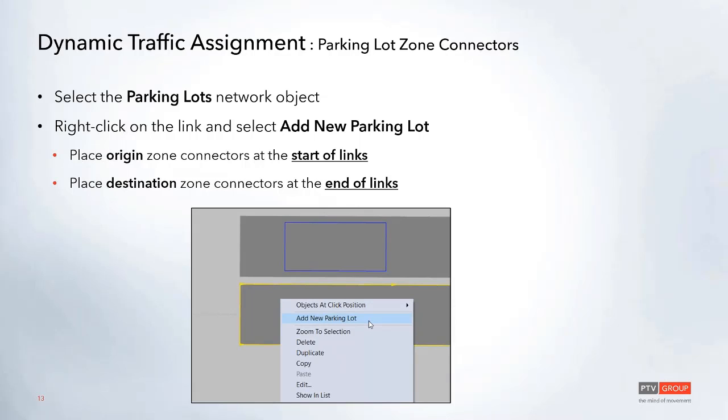So first you'll select the parking lots network object, and then you can right-click on a link and then just select that add new parking lot option. So for any origin zone connectors, you want to place those near the start of the link, because this is where the vehicles will actually enter the network. And then for any destination zone connectors where vehicles will be leaving the network, those should be placed near the end of the link.